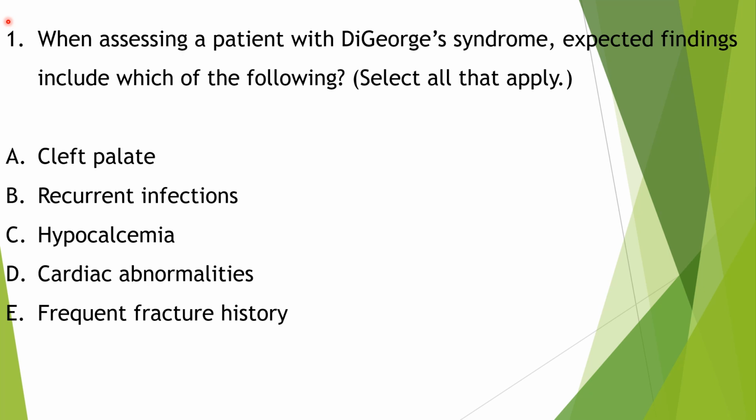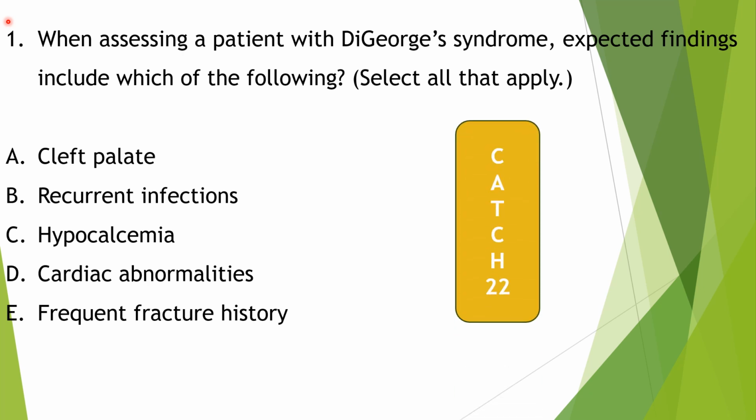Mainly, if we look at the clinical manifestations of DiGeorge syndrome, you can see frequent infections in these patients, then Candida albicans, which is almost always seen in patients with T cell deficiencies, and other deficiencies. If we look at the acronym CATCH, we will understand that C is for cardiac anomaly, especially tetralogy of Fallot.